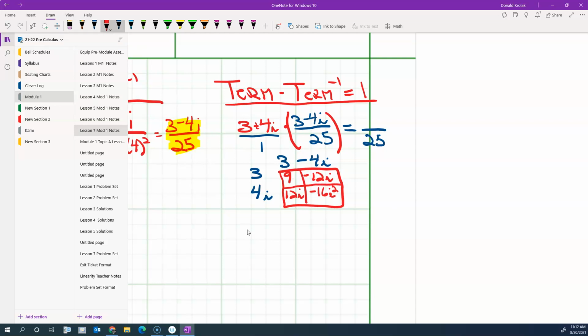So you see how these cancel, and I've got 9 minus 16 i squared, which is the same as negative 1, and that would be 25.